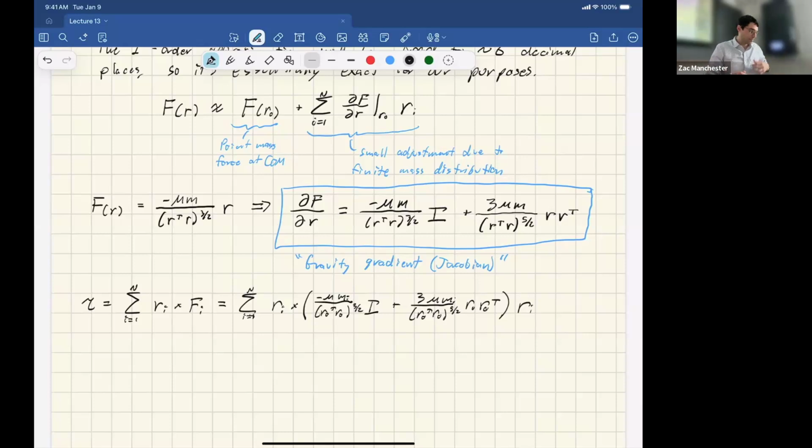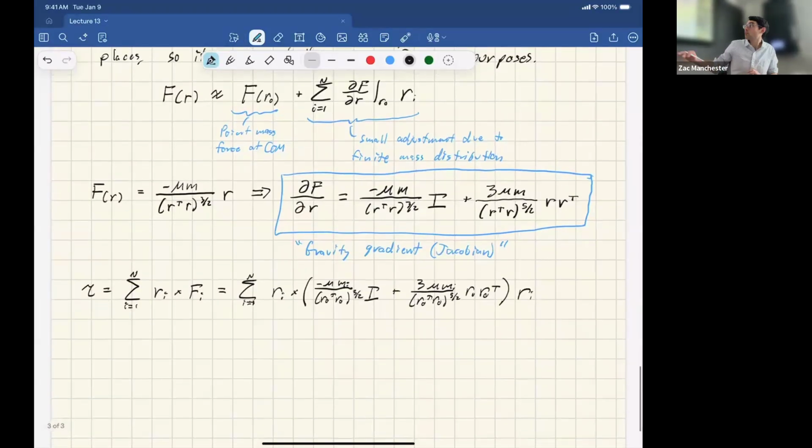Cool. Simple enough. Okay, so that's it. The rest of this is basically massaging this a little bit, but something cool happens. So I'll tease what happens slightly. There are a couple of little tricks. The first trick is, if I stare at this for a second, this first term looks like Ri cross, this is a scalar, and then this is just Ri over here.